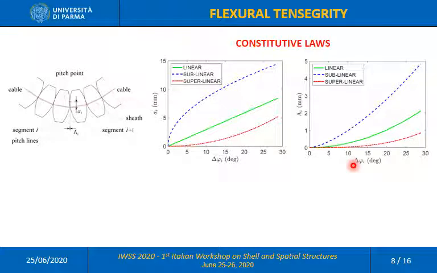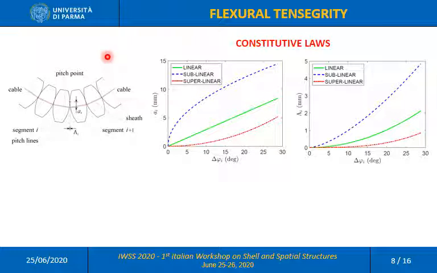For example, in order to obtain a linear a_i as a function of delta phi_i, we should have a quadratic lambda_i as a function of delta phi_i. Recall that lambda_i is the sectional elongation of the cable.